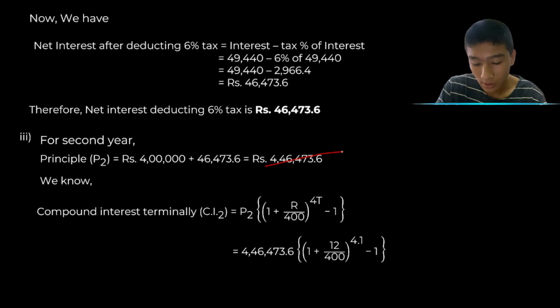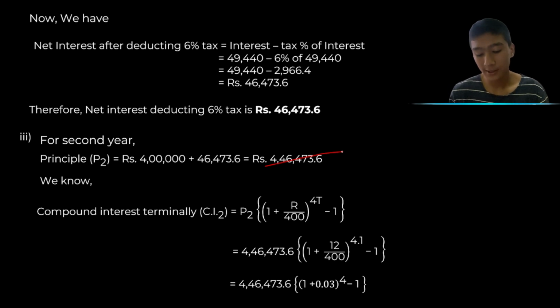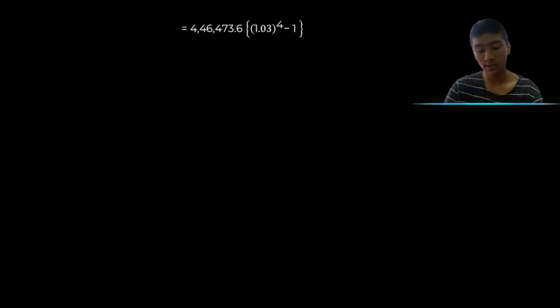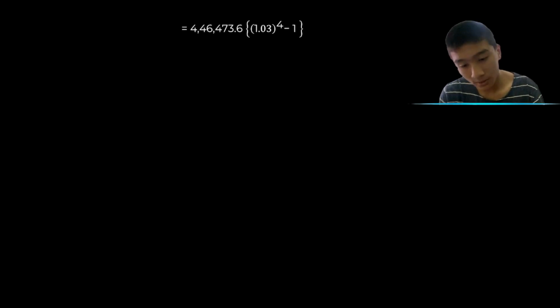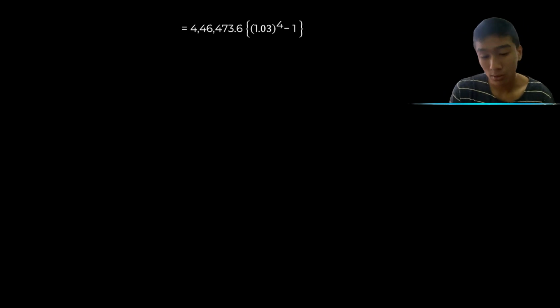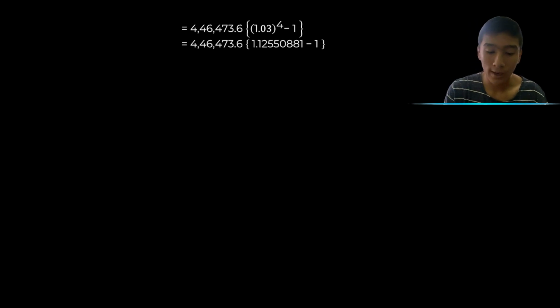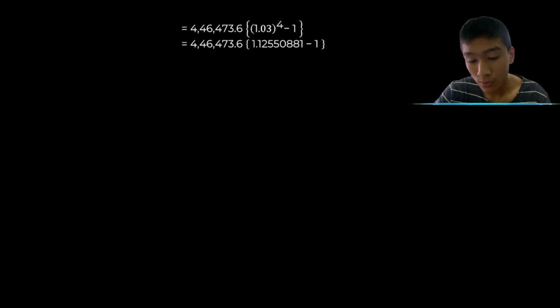4,46,473.6 times (1 plus 12 by 400) to the power 4 times 1, minus 1. 4,46,473.6 times (1.03 whole to the power 4 minus 1). 4,46,473.6 times (1.12550881 minus 1).